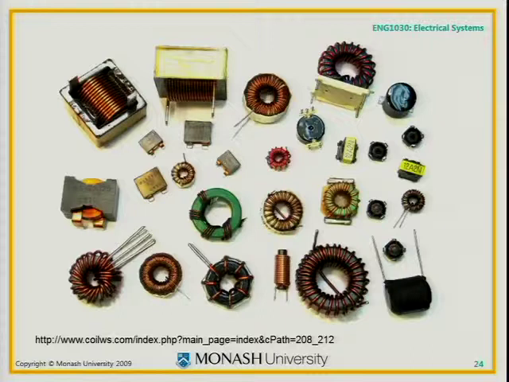Inductors, coils of wire. Think coils of wire, because that's essentially what all of these are. Coils of wire, different diameters, different number of turns. That all determines different inductances, but they're all examples of inductors.